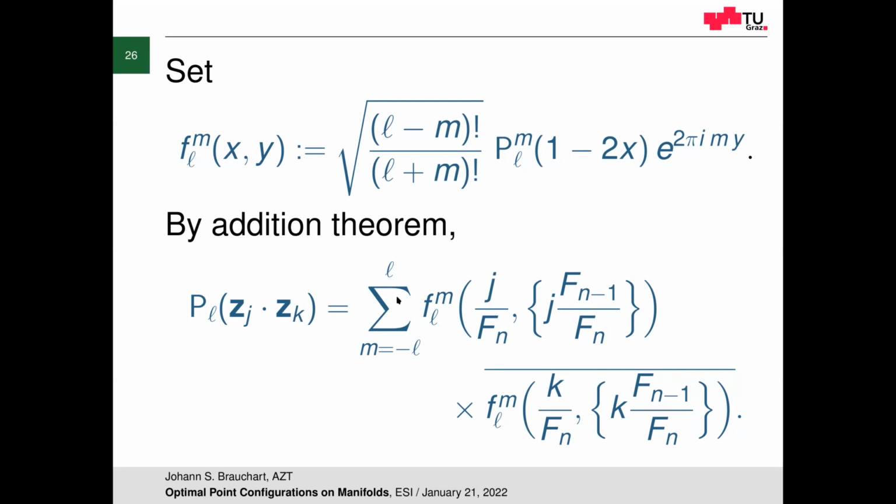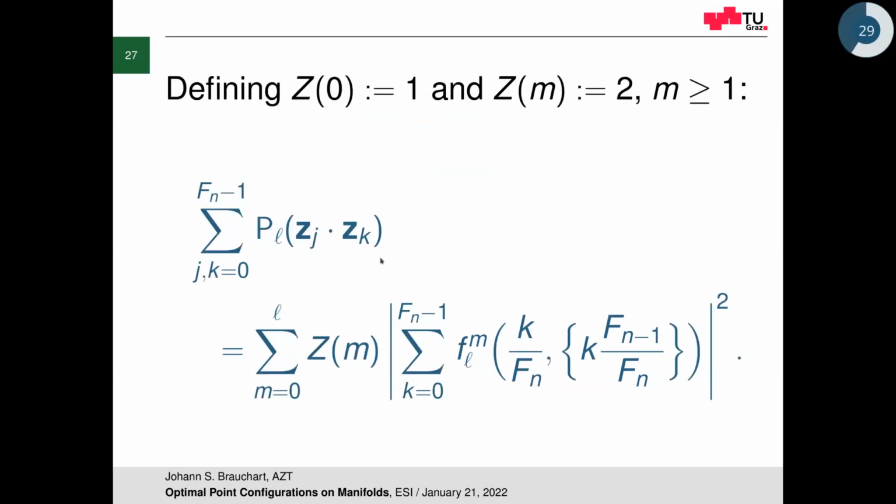So we have this identity where we can express the Legendre polynomials in terms of this sum of the functions FLM. And then we can use properties of the associated Legendre polynomials PLM to rewrite this as a sum of squares.